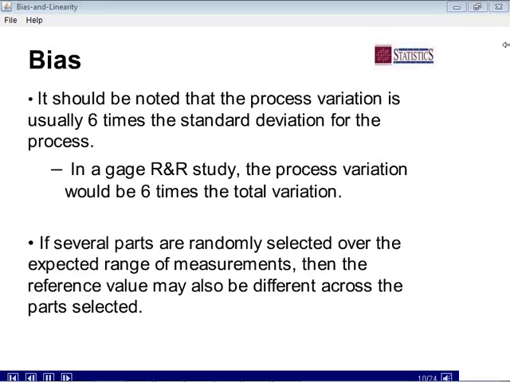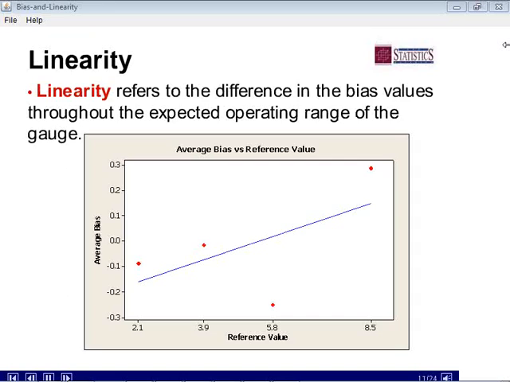What if several parts are taken, but the reference value is not the same? We have parts of different sizes, so the measurements are going to be different, and the reference value will be different over the range of possible sizes. That's when we talk about linearity.